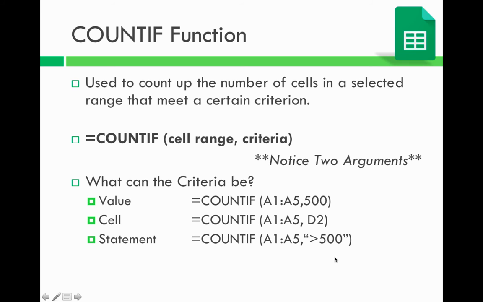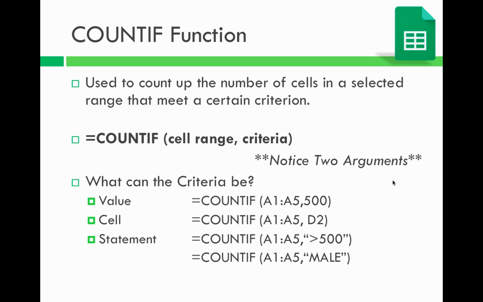Here is where things start to get a little interesting. We could have some larger statements that go in here. So the first two examples that I gave you only were matching. Find me all the cells in A1 to A5 that are equal to 500 or equal to the value in D2.